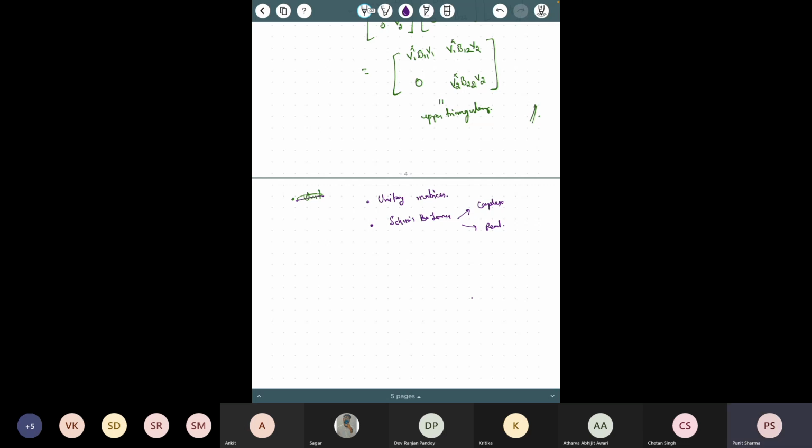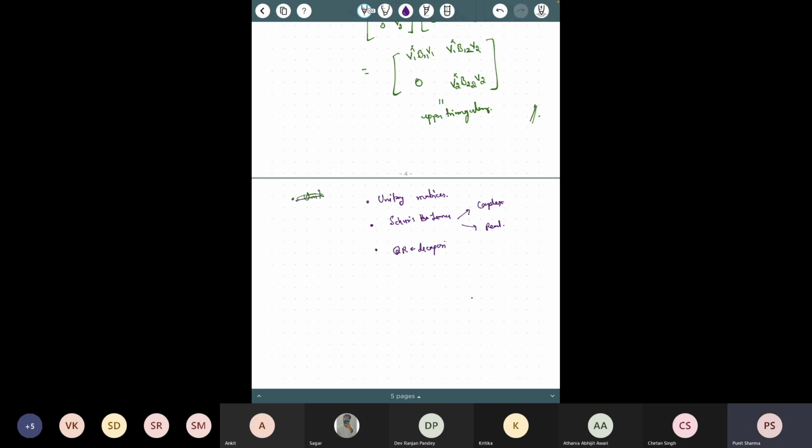This we have seen. Then we have seen how to achieve this Schur's lemma. That means one can always upper triangularize it using rotators and reflectors. They are useful in creating zeros in a matrix.